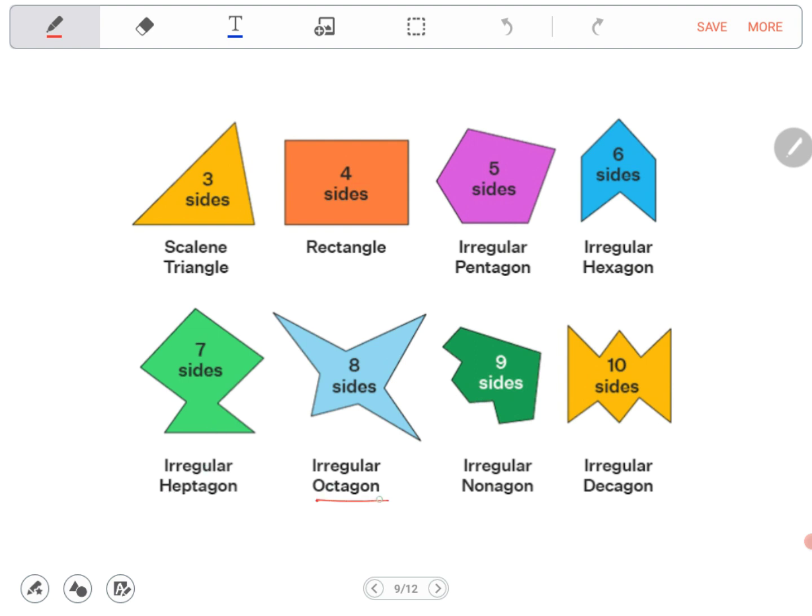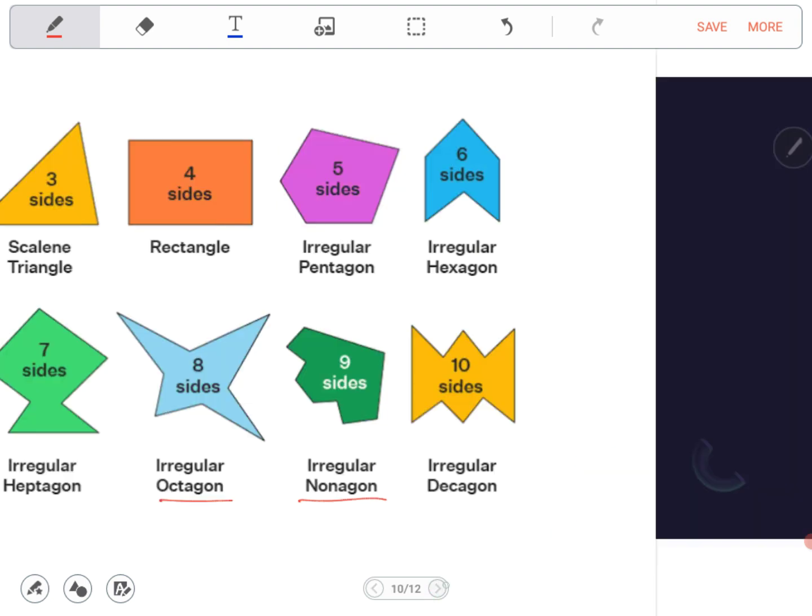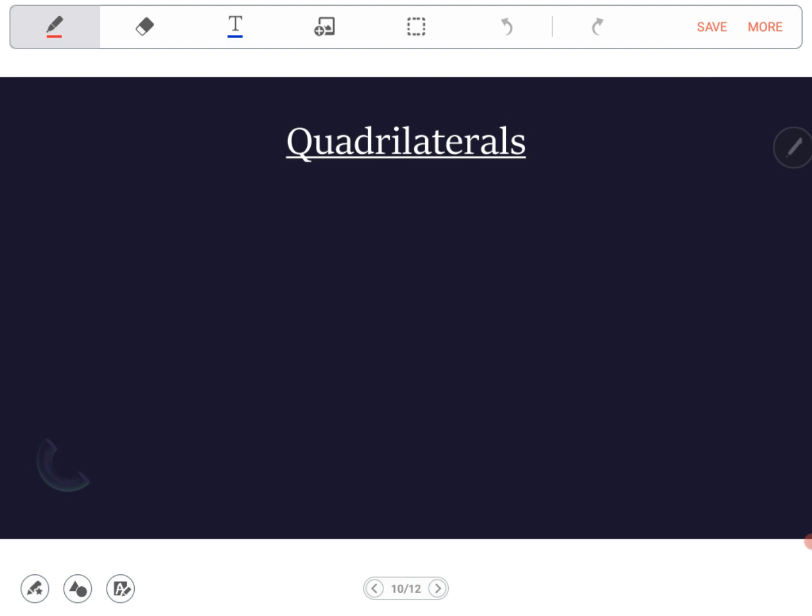Irregular octagon, it has 8 sides. Irregular nonagon, it has 9 sides. And we can see these kinds of things are really weird looking shapes. And then we have the irregular decagon, which will have 10 sides as well.